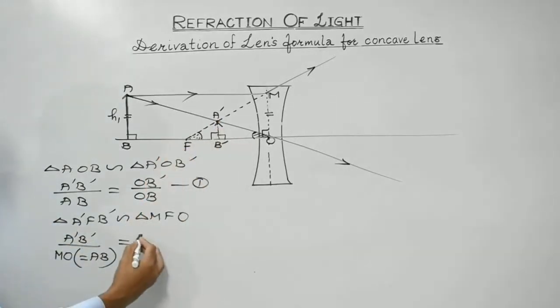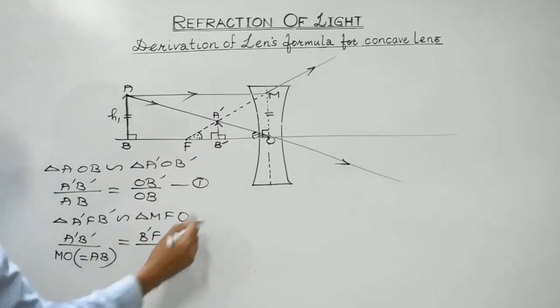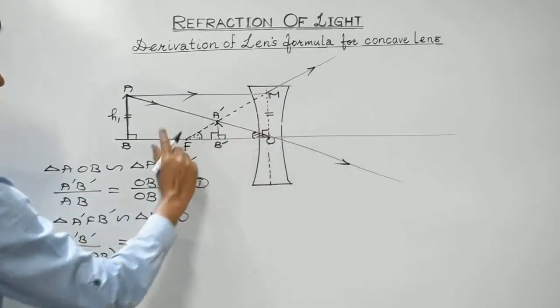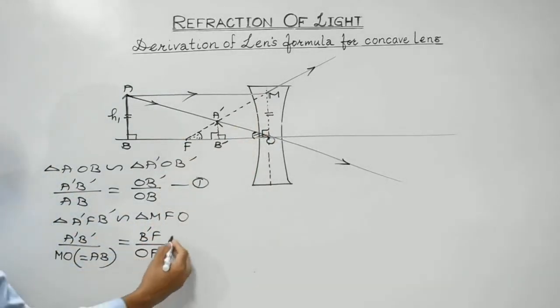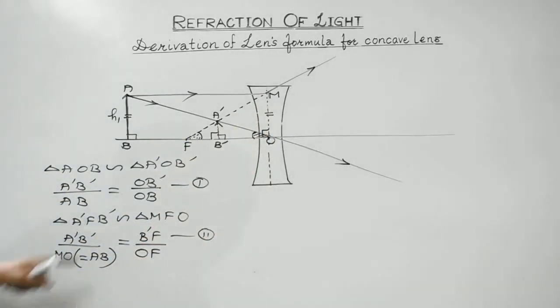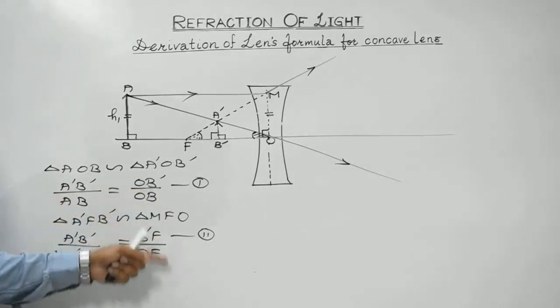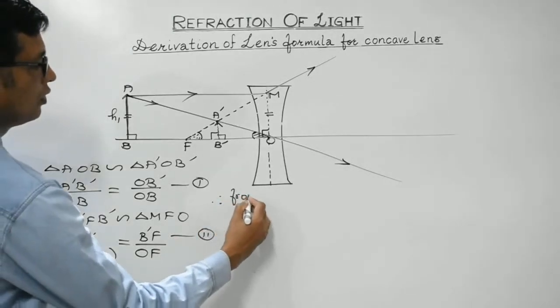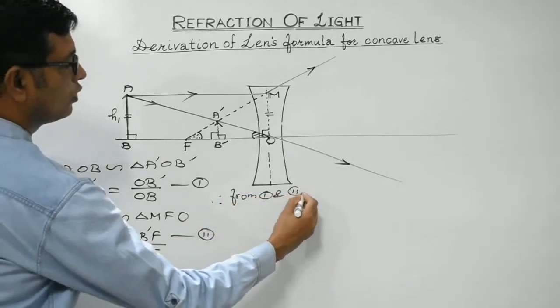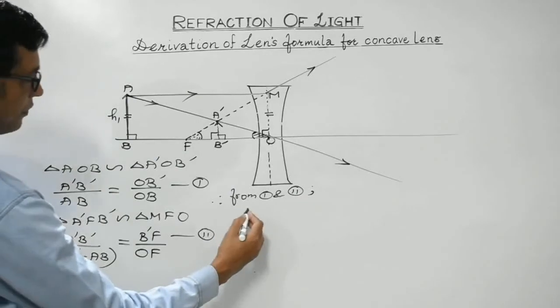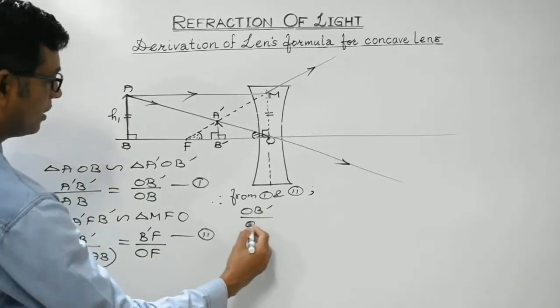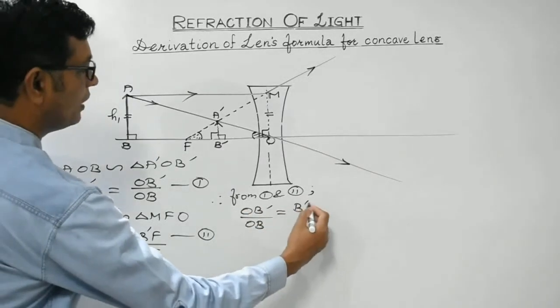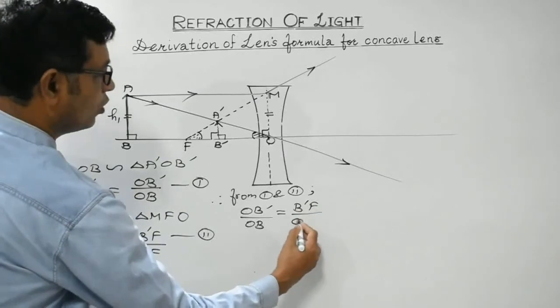The base is B dash F, divided by, of this triangle, the base is OF. Right? So from equations 1 and 2, it's pretty clear that the left hand sides are equal, therefore we can equate the right hand sides. So from 1 and 2, we get OB dash divided by OB is equal to B dash F divided by OF.